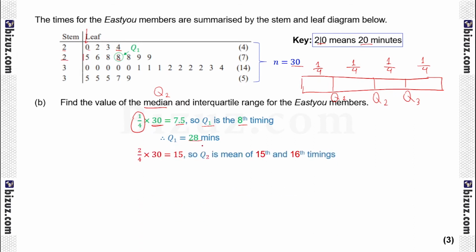Now moving on to finding Q2, basically the median. Again, 30, your total number of items, is not going to change, multiplied by how much that quartile covers your data from the starting point. So it's 1/4 and again another 1/4, so it's 2/4 basically.